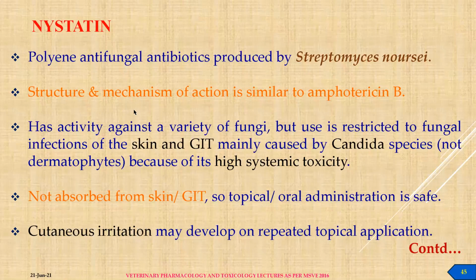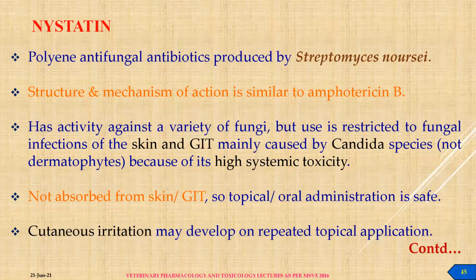So nystatin is the next antimicrobial agent, and it is also a polyene antifungal antibiotic produced by Streptomyces. Its mechanism, structure, activity, and so on are very similar to those of amphotericin B. It has activity against a variety of fungi, but its use is restricted to fungal infections, especially of the skin and the GI tract. Mainly it is effective against Candida species, especially oral candidiasis.